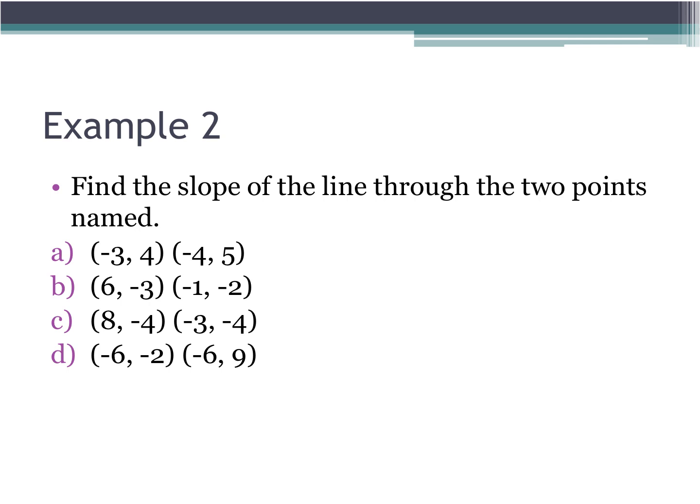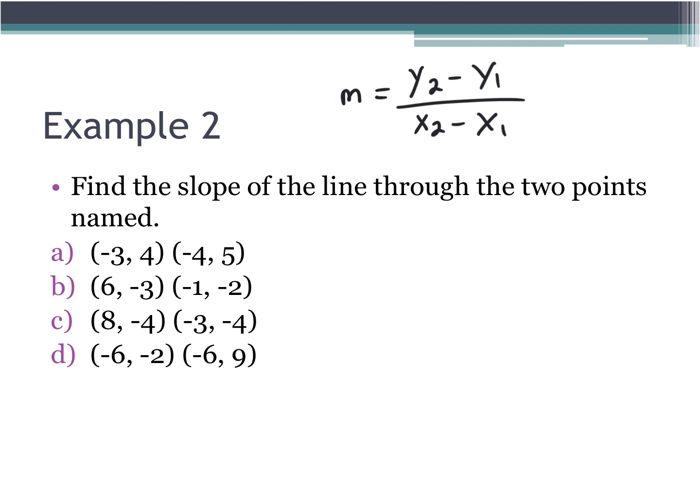Alright, so let's find the slope of the line through the 2 points that are named. So let's just write in m equals y2 minus y1 over x2 minus x1. Please try to do these on your own, and I'll go over it in a second.